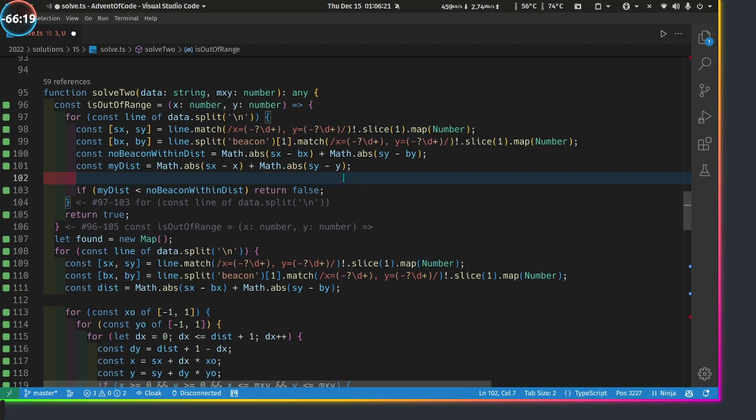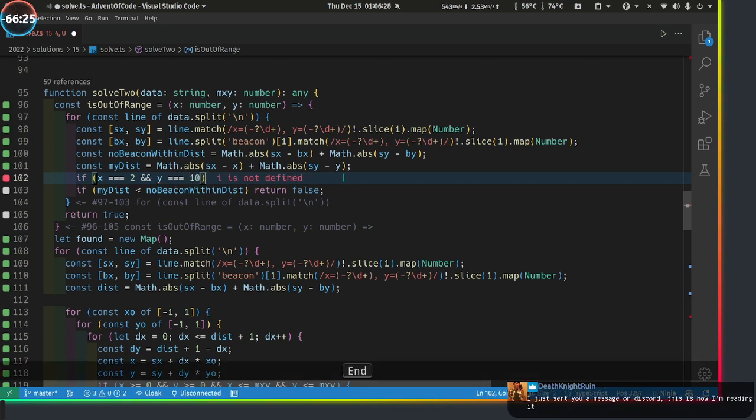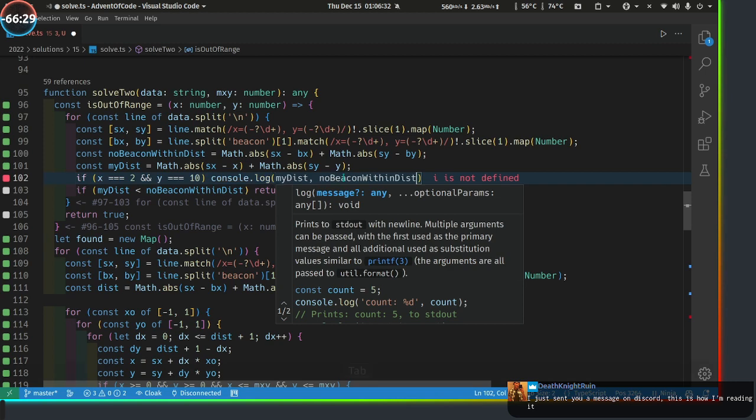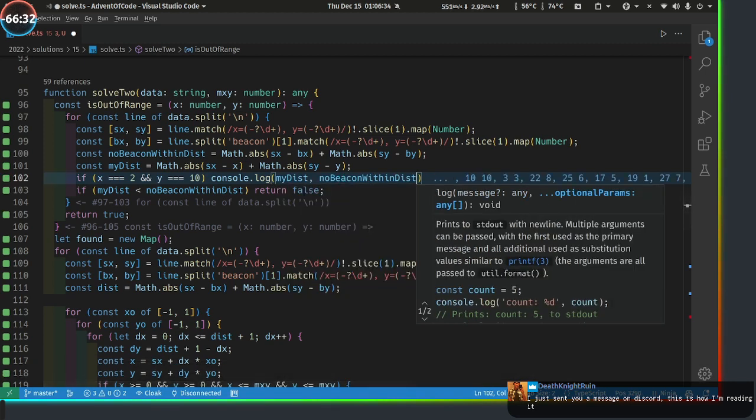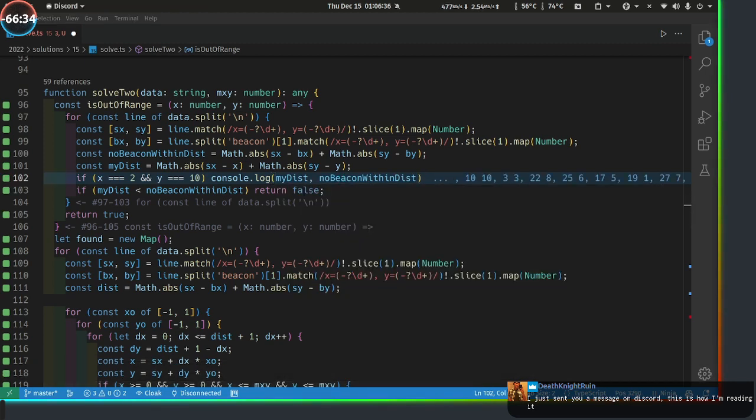Okay, so if X equals 2 and Y is 10, console log. Oh, okay. Interesting. Directional, huh?